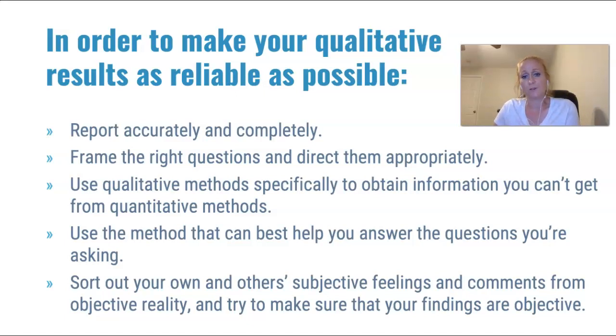And you want to sort out your own and other subjective feelings and comments from objective reality and try to make sure that your findings are objective. That's one of the most difficult things to do in social research, really separating yourself from what you're studying, because we come with a moral compass. We come with our own preconceived notions, our own interpretations of meaning, and our own boundaries, our own perceptions.